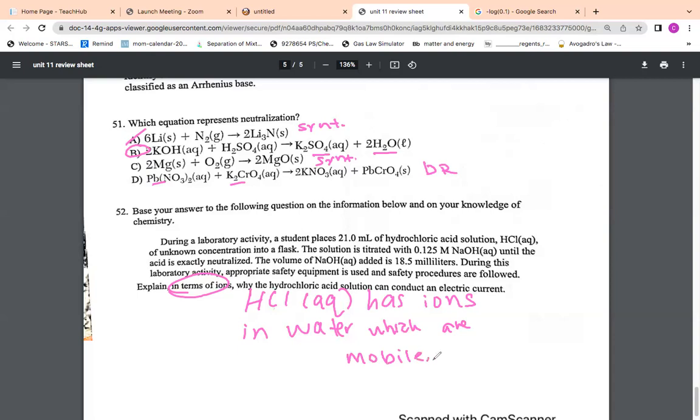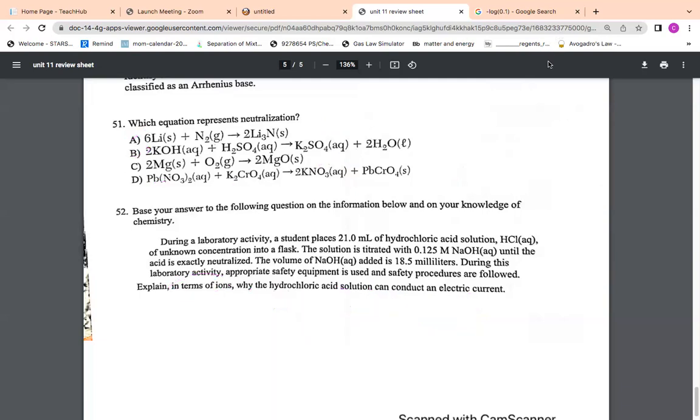So all we really need to know is that it can conduct electric current because it has mobile ions. That's all you need to say. As simple as that. Again, please do not elaborate too much. Like, don't keep going on and on for short response. Keep it as simple and as brief as possible. That is usually the best way to go.